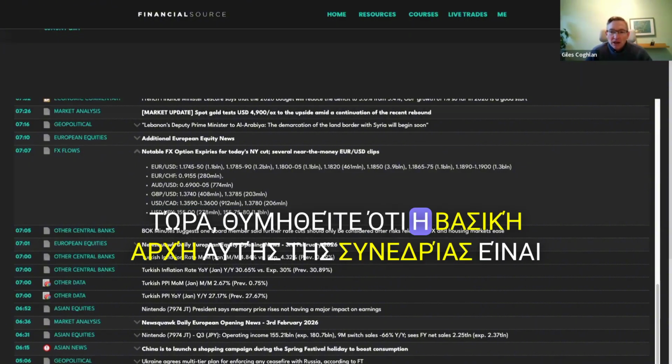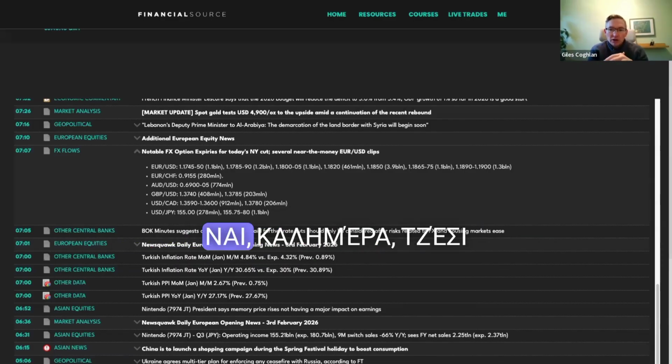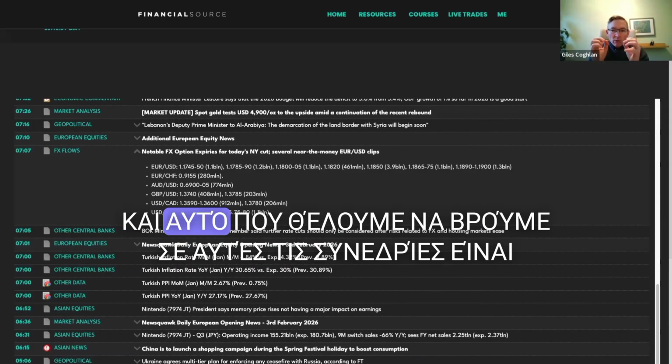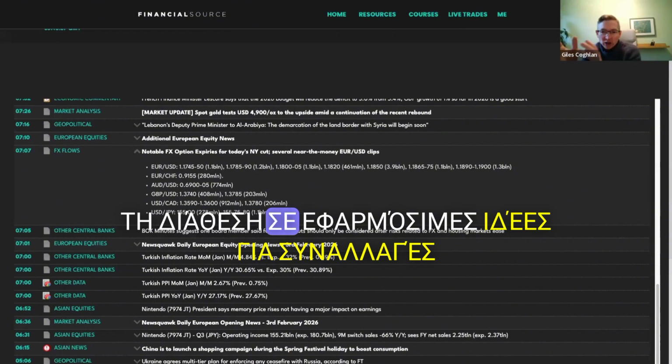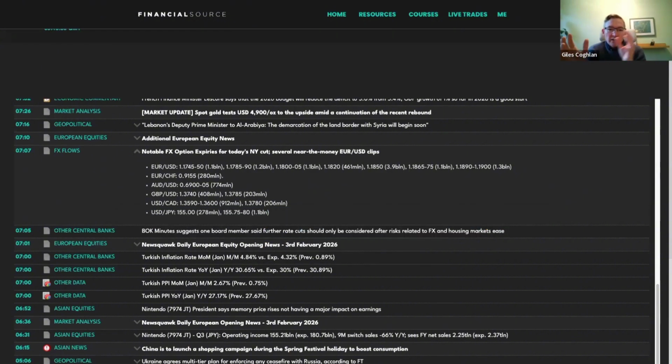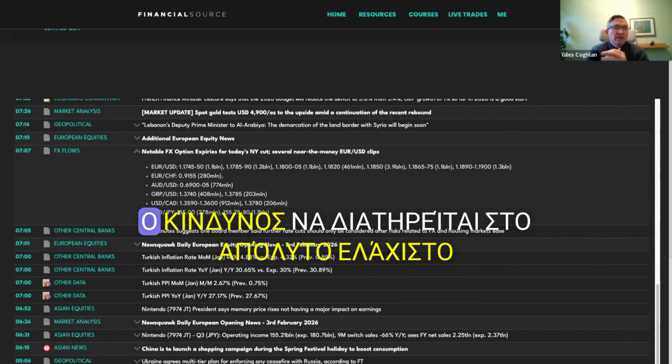Now, remember the key principle of this session is to understand the macro fundamentals and the daily sentiment. And what we want to find in these sessions is how we interpret all the macro fundamentals and the sentiment into actionable trade ideas. Now, it's very important that when we're executing trade ideas, the risk is kept to an absolute minimum.